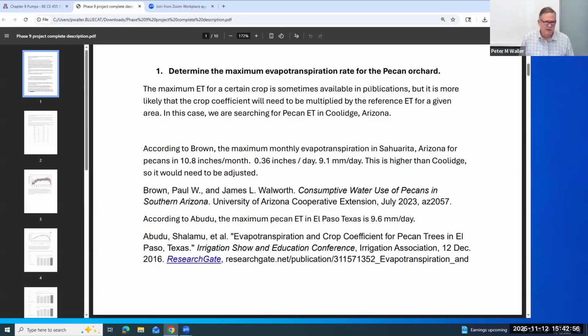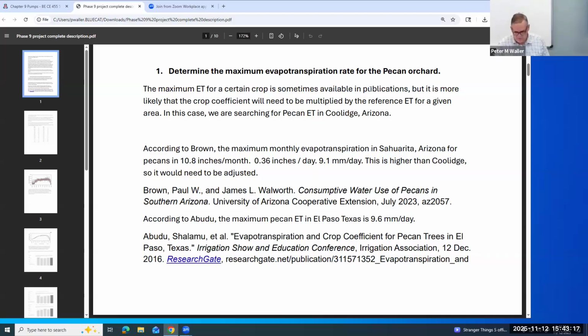The best way to do it is if you can multiply the crop coefficient by the reference ET for the region. Maybe that's not the best way, but that's the most common way, because you might have some measured ET rates for a certain place, but it really doesn't transfer to other locations unless you use a crop coefficient.